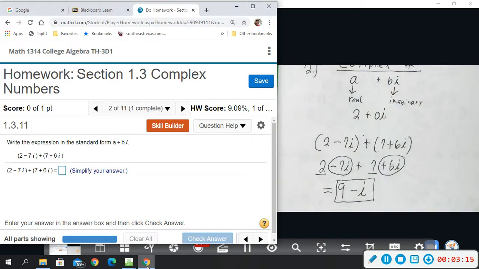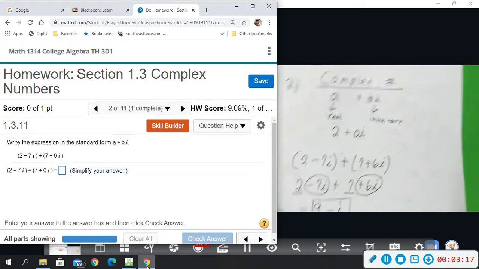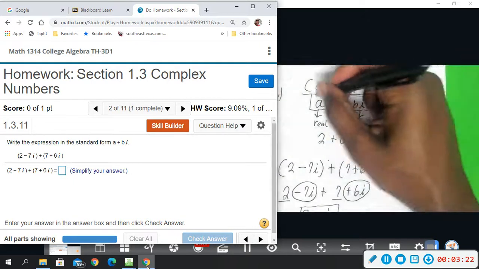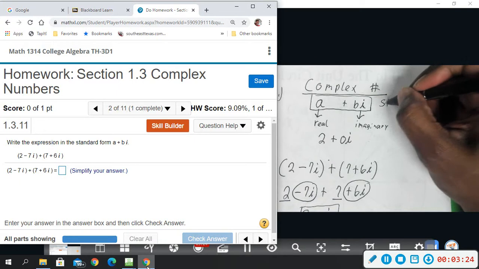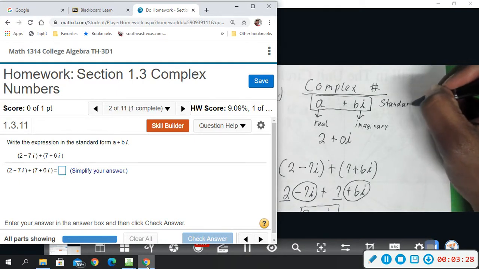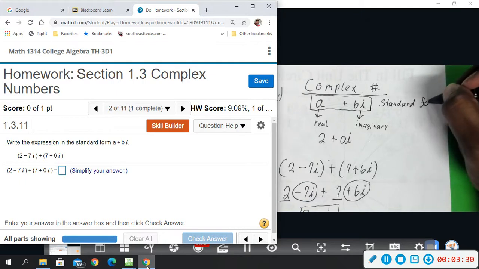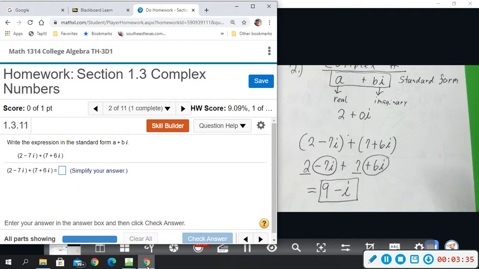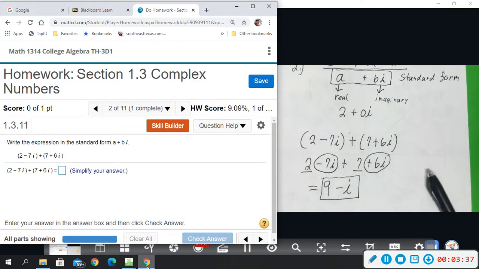That's what we call standard form. Let me write that here. This is standard form. All right, so when they say standard form, that's what they're looking for. So 9 minus i.